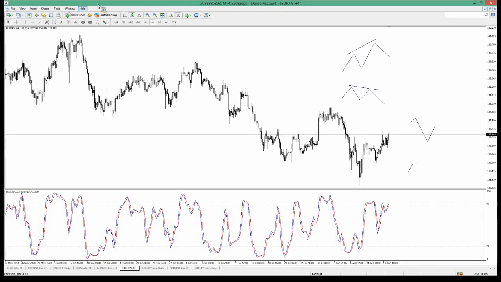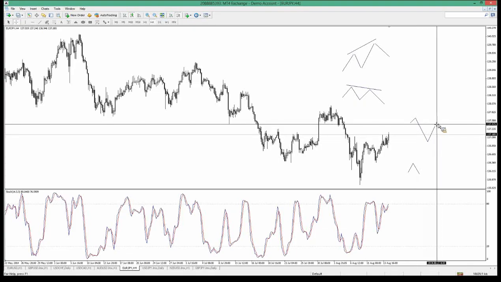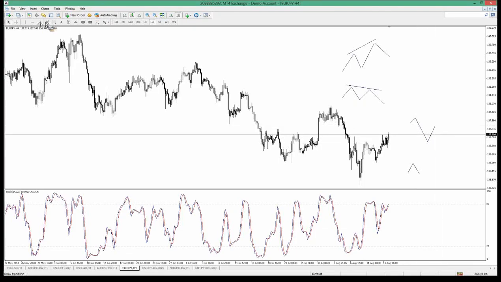So it follows price here, it follows price in terms of the peaks. However, where price just does a normal retracement, the actual indicator is making a new high.